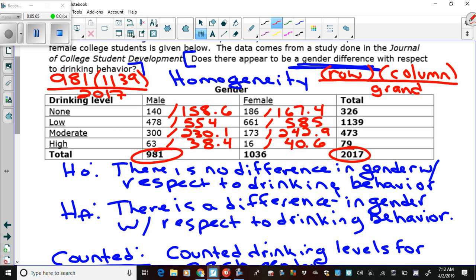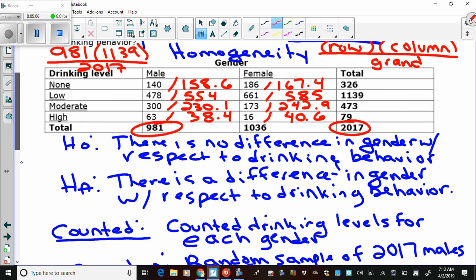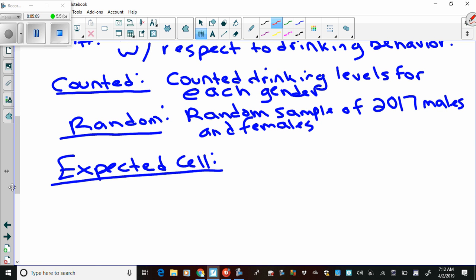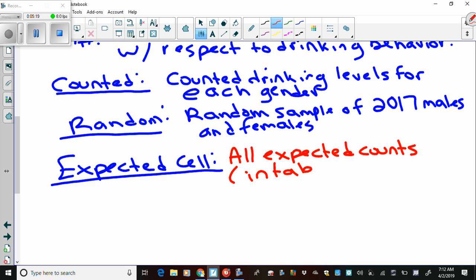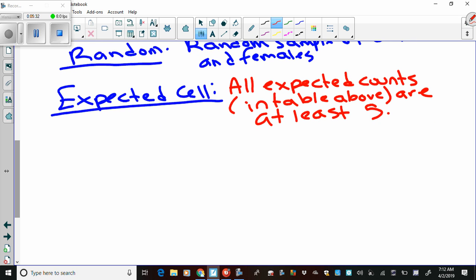So all of my expected counts are above 5. So all expected counts, and that's in the table above, are at least 5. So my conditions are met.